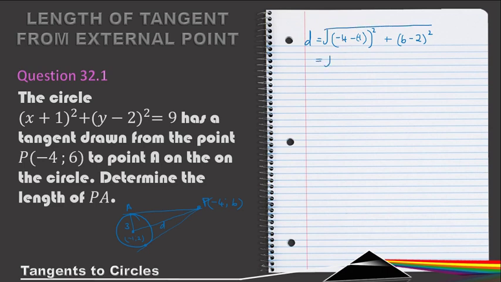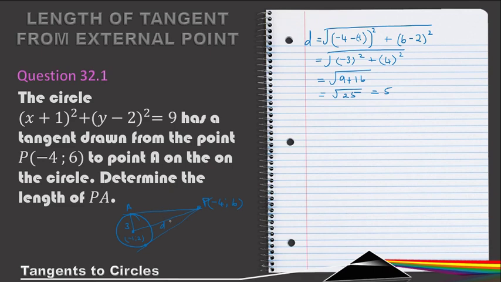So the square root of (-4 plus 1 is -3) squared plus 4 squared. This will then give me 9 plus 16, which is 25. So this is equal to 5.